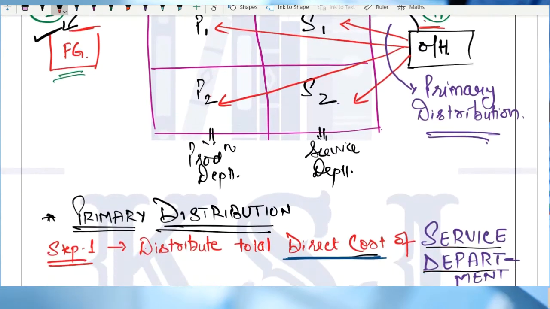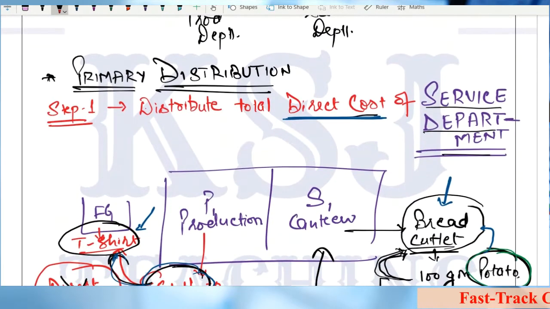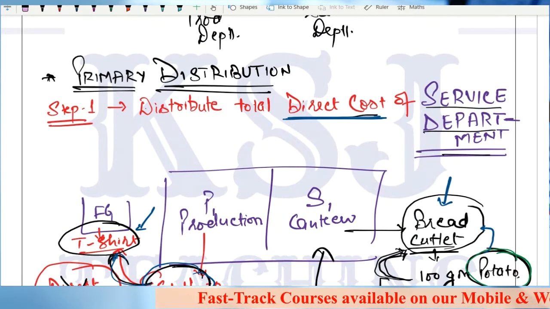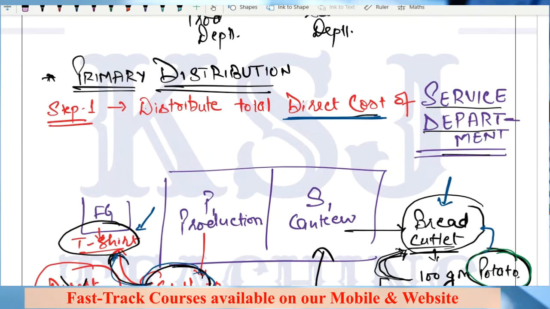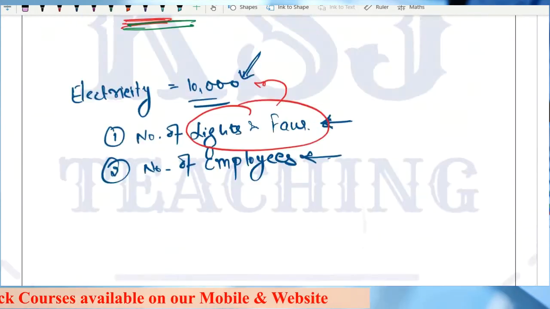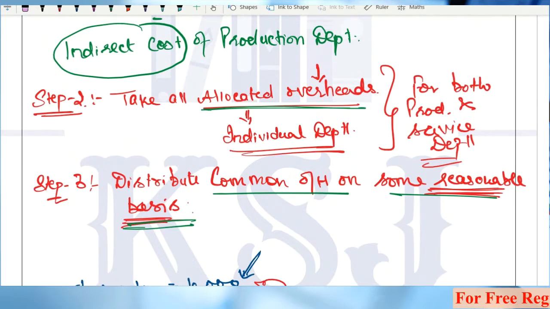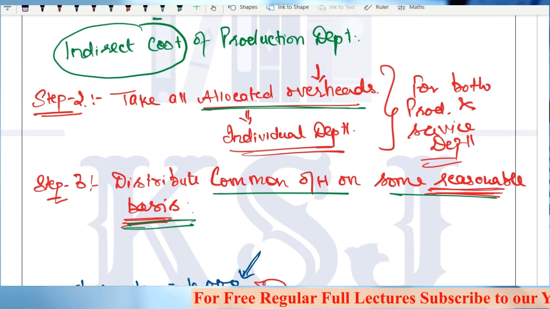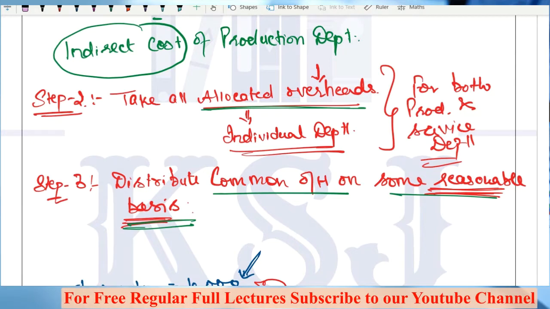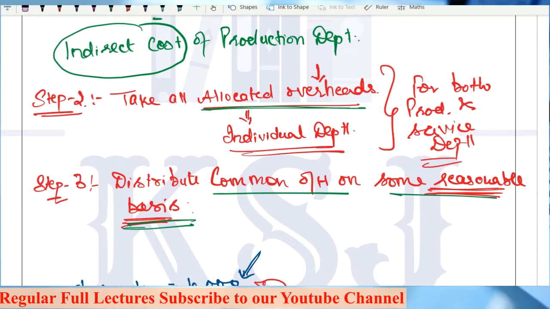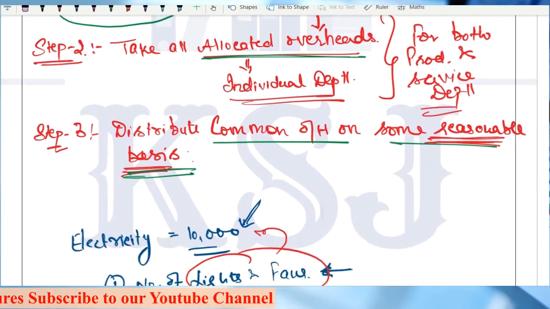The various steps in primary distribution: the first is to take the direct cost of only and only service departments and not production departments. Second is to take all the allocated overheads, all those overheads which are directly identifiable with individual departments, for both production and service. Then we distribute common overheads on some reasonable basis.